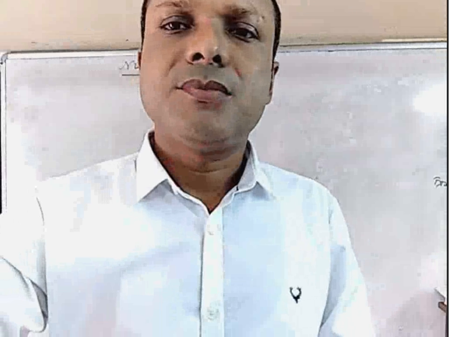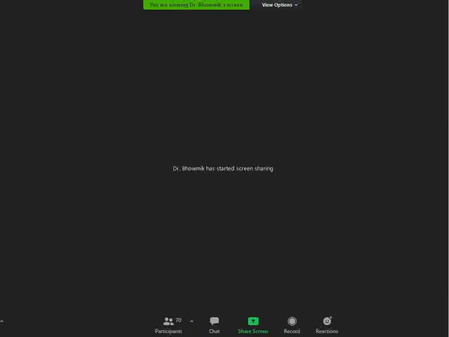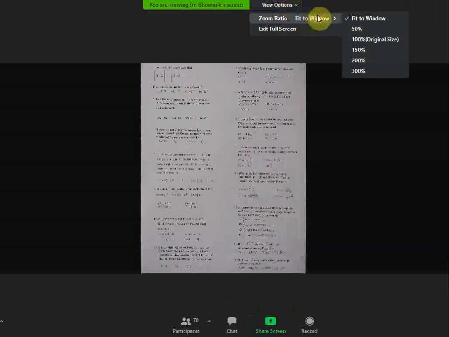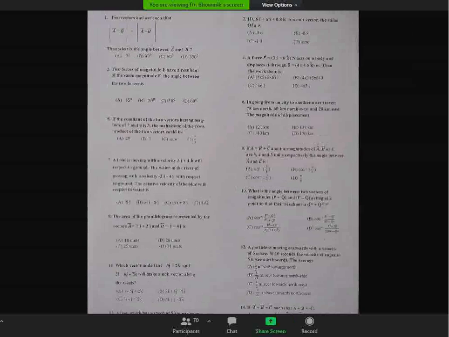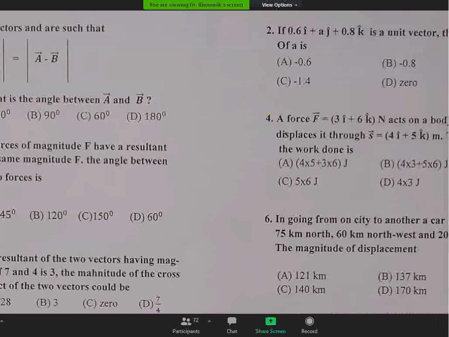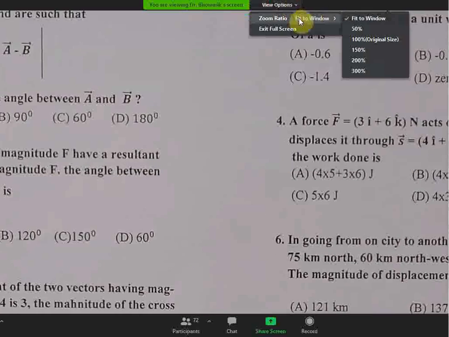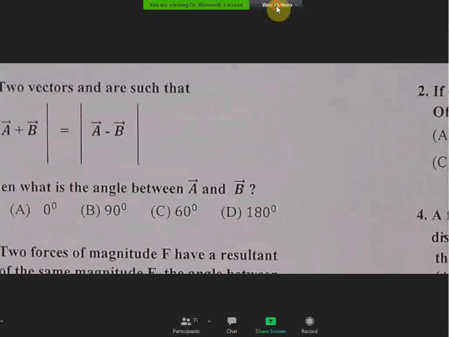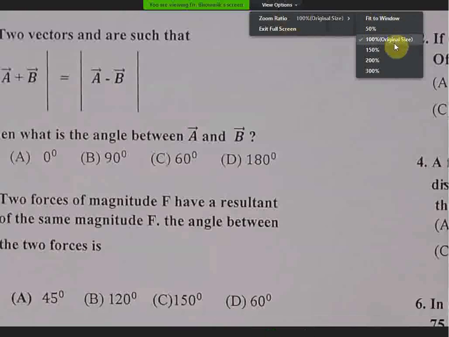Try to write the question quickly. The first one.